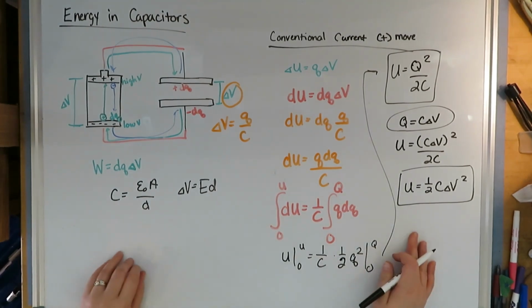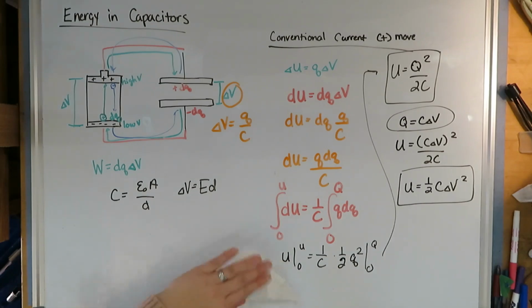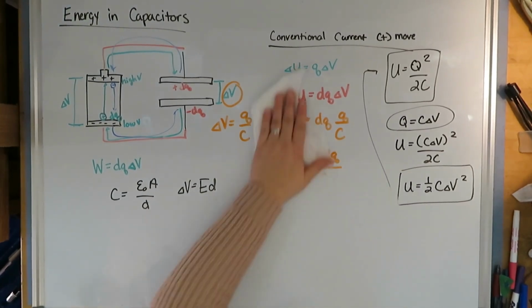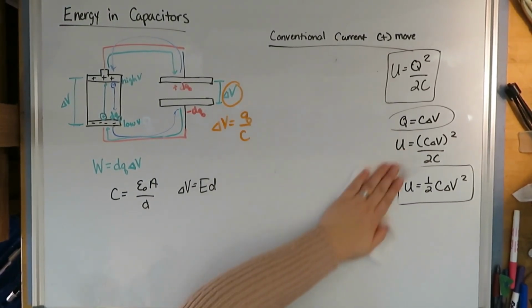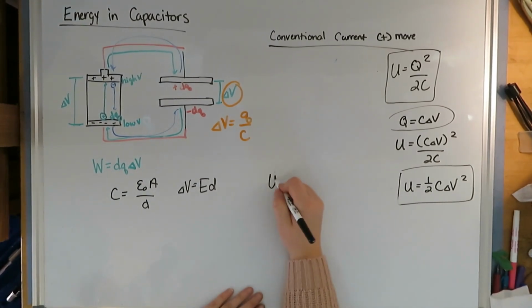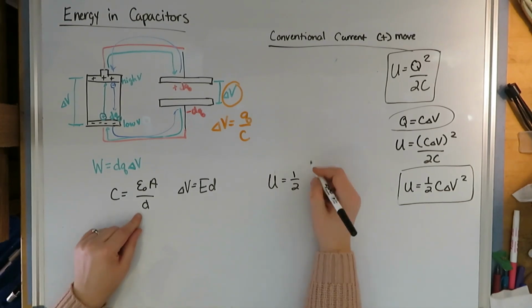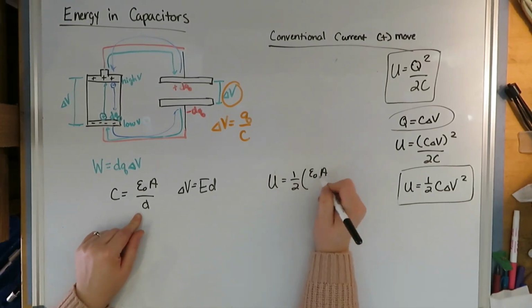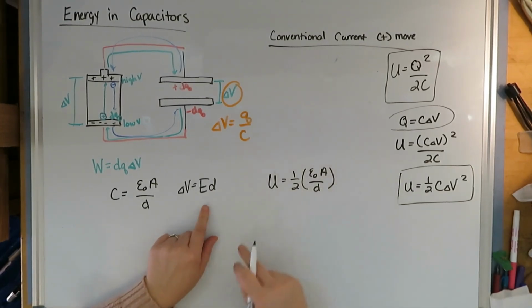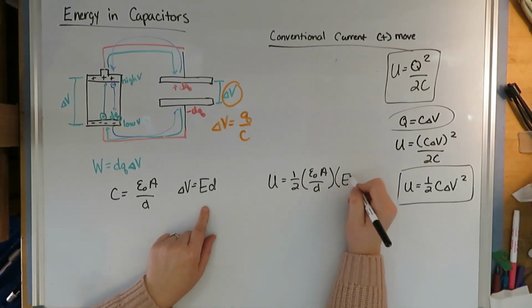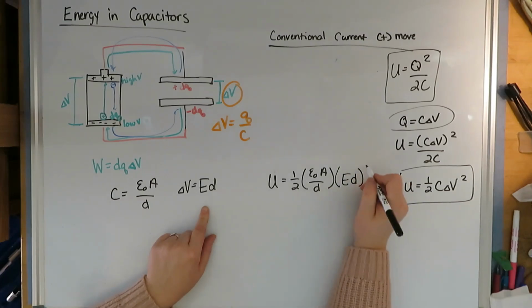So if I take my potential energy here, let's get rid of this stuff. So if I say that U is equal to 1/2 C, well, C is epsilon naught A over d. Delta V is going to be Ed squared.